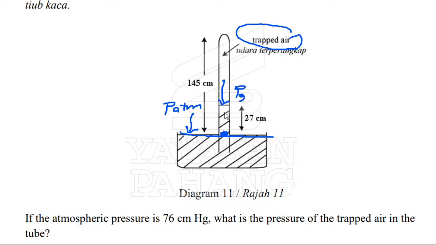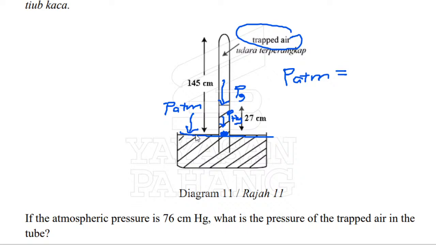And then here you see mercury. So it means that mercury will be acting on this point also. So this is P mercury. I put PHG. Okay, so we can write like this. So P atm will be the same as P. Okay, so this is P atm, right?